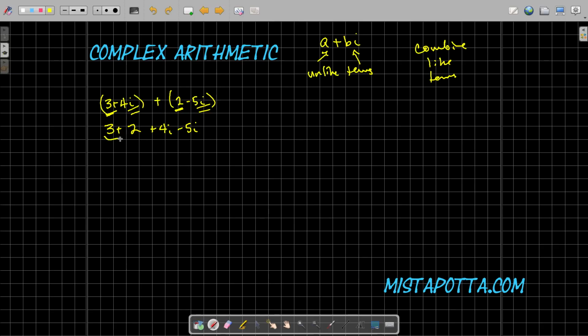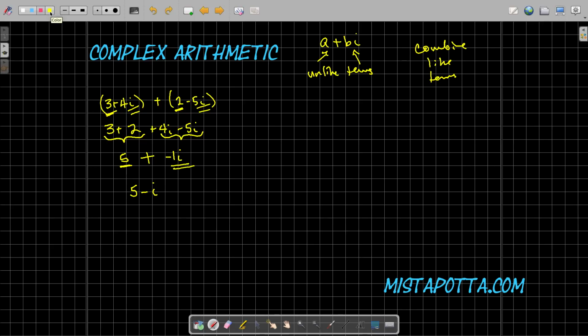All of these real terms should combine to give me one real term, and all of these imaginary terms should combine to give me one imaginary term. So 3 plus 2 is 5, and 4i subtracting 5i leaves me with negative 1i, and so my answer is 5 plus a negative 1i, or 5 minus i.